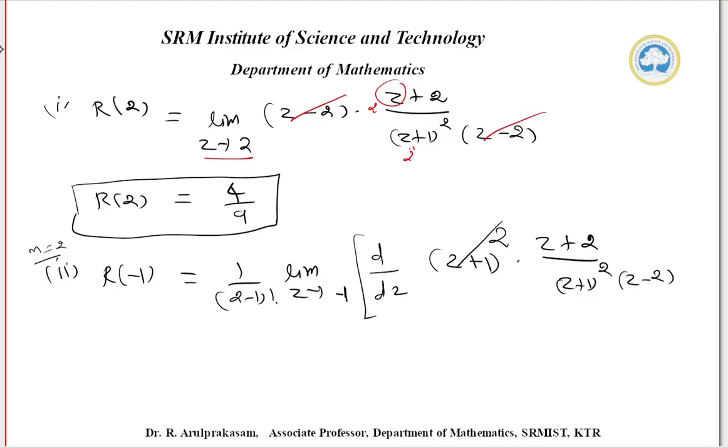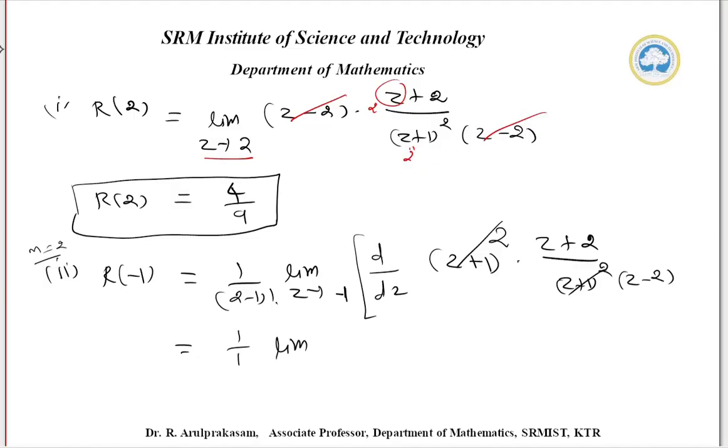So here the (z plus 1) whole square cancels. Next, what happened here? I am getting 1 divided by (2 minus 1) factorial, which is nothing but 1.